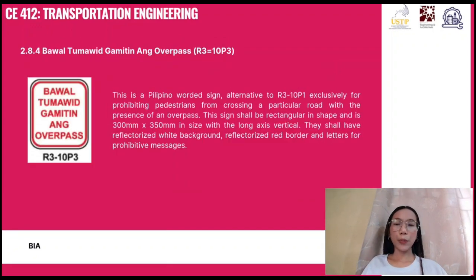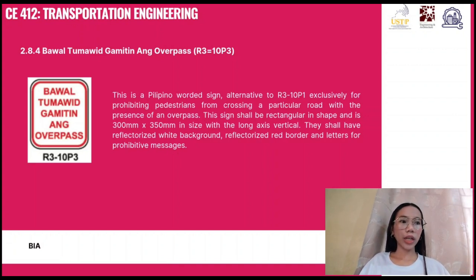So next is 2.8.4, kaning bawal tumawid gamitin ang overpass, or R2-3-10P3. So makita ninyo no, this is a Filipino word sign alternative sa R3-10P1 nga exclusively for prohibiting pedestrians from crossing a particular road with the presence of an overpass.